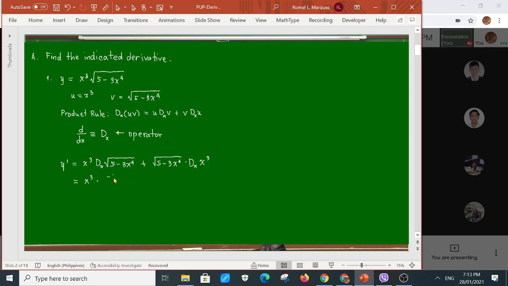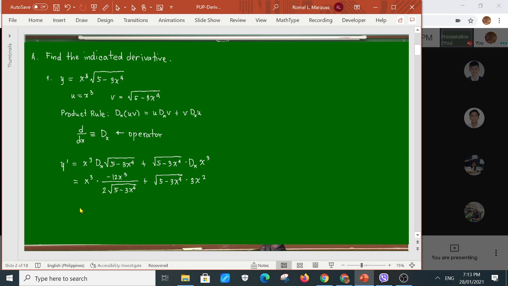That is negative 12x cubed over 2 square root of, so meaning we just copy the radical, the square root of 5 minus 3x to the fourth, plus the second, you just copy: 5 minus 3x to the 4th, radical of order 2, then derivative of x cubed, that is 3x squared.